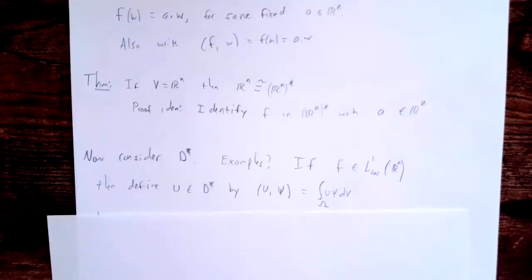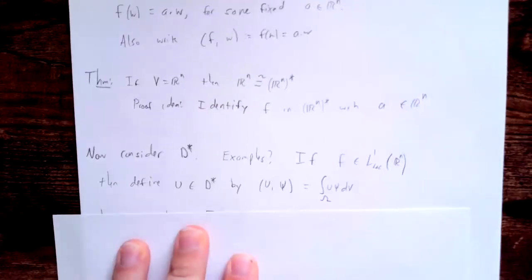every function f can be identified with an element of the dual space in the same way that every vector in Rn can be identified with an element of the dual space via the dot product. But the element of the dual space isn't literally f, it's the function given by integrating against f.